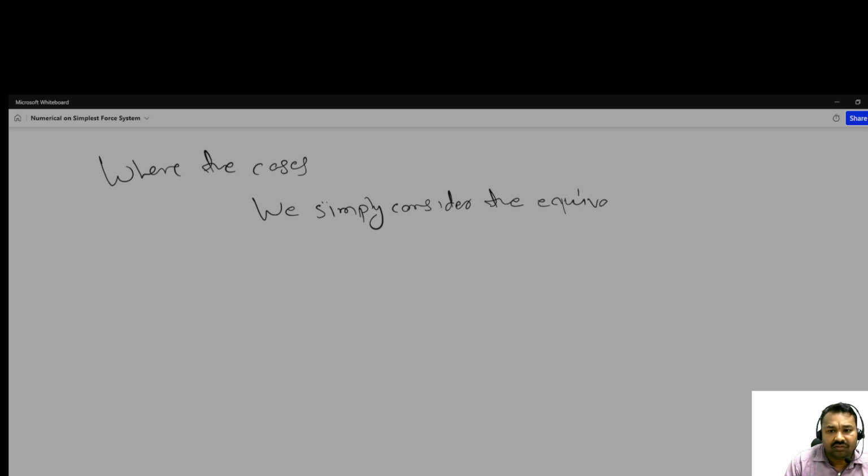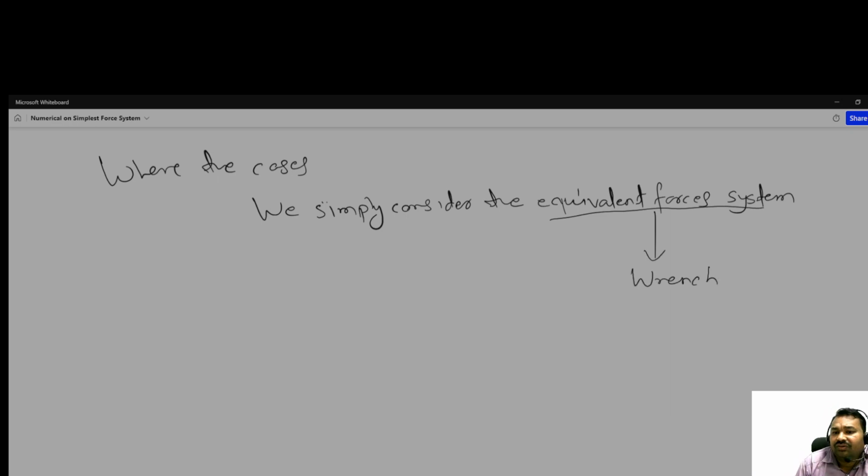So dear friends, there may be one confusion, like how to identify the wrench, and in which situation we simply consider the equivalent force system, or the situation when the equivalent force system is converted into the wrench.